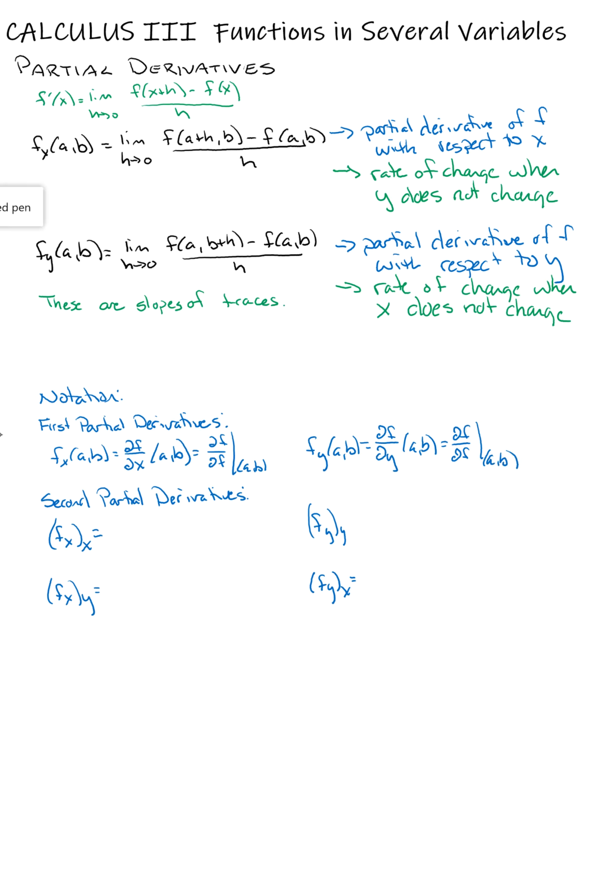So let me just make sure you understand what's going on here. Remember that we had the notation d y d x. These are what we call ordinary derivatives. However, this notation, again, is kind of a swirly d.